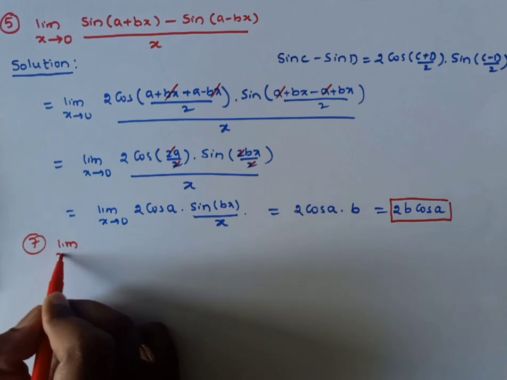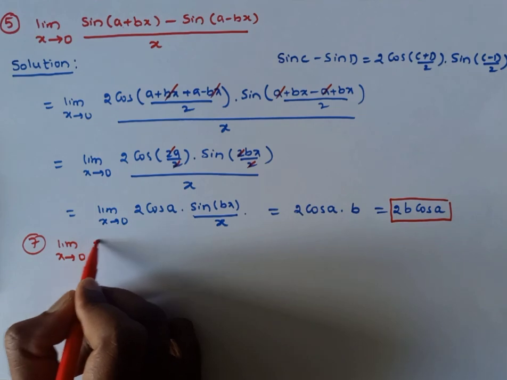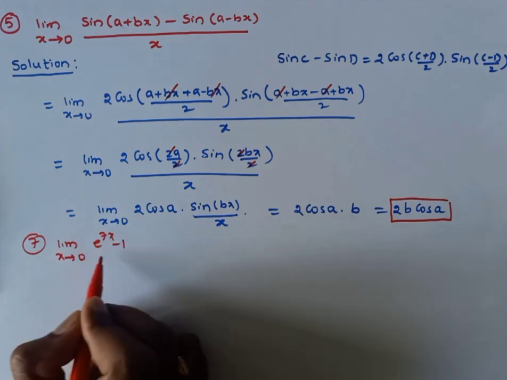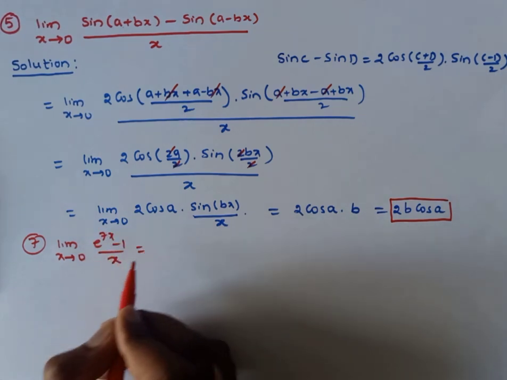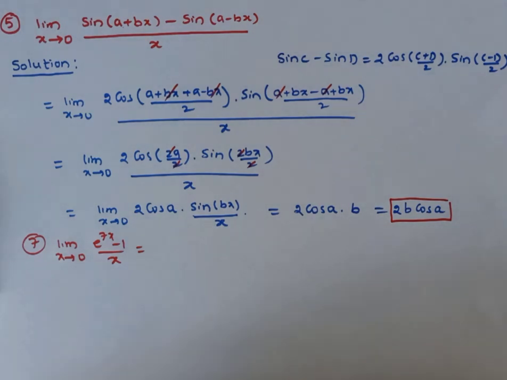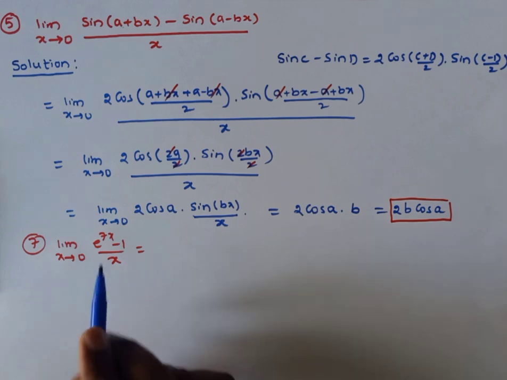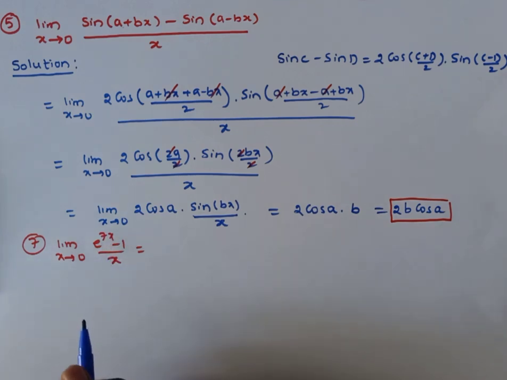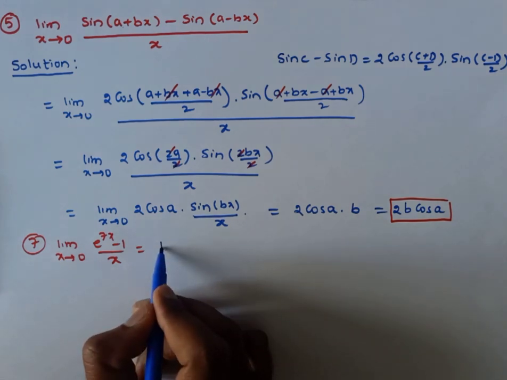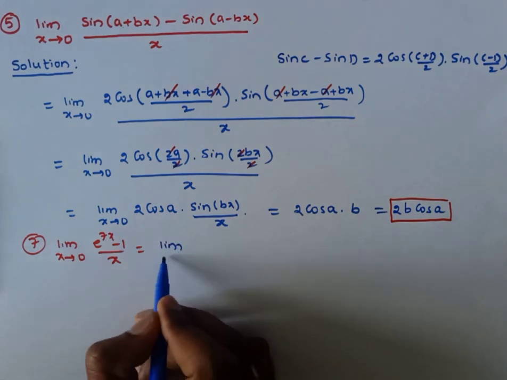Limit x tends to 0, e to the power of 7x minus 1 divided by x. This is in the form of the formula e power x minus 1 by x, which is 1. But here instead of x, 7x is there, so you need to make the denominator also 7x. For that you multiply the numerator and denominator by 7.